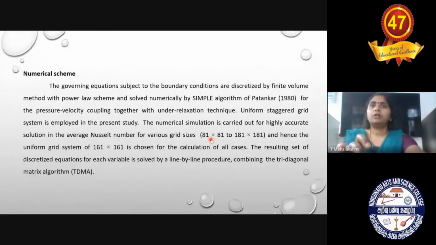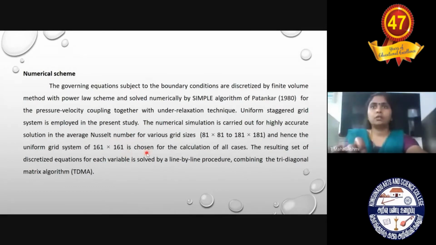Once we get the convergence, we will stop the simulation. As we start from 81 cross 81, I have got the convergence at the grid size 161 cross 161. So I came to the conclusion that this 161 cross 161 grid size is enough to consider for further numerical simulations for the entire problem.